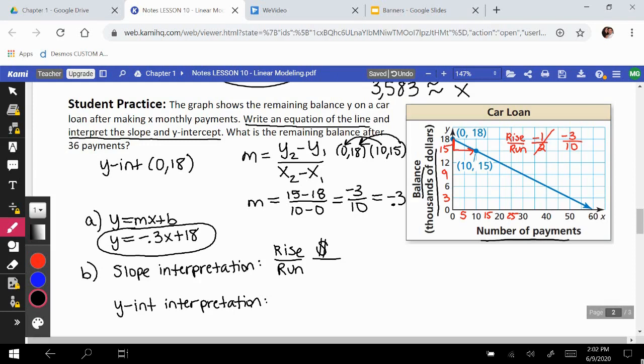The run is number of payments. So really this is the money per payment. We could say that -3/10 means that we're going down a certain dollar amount per every 10 payments.